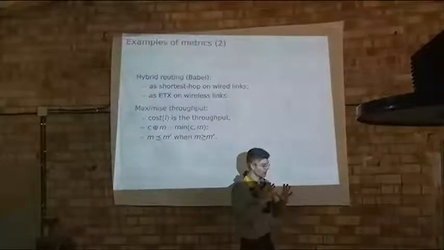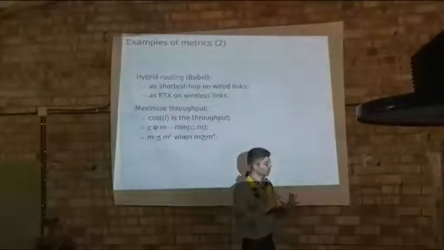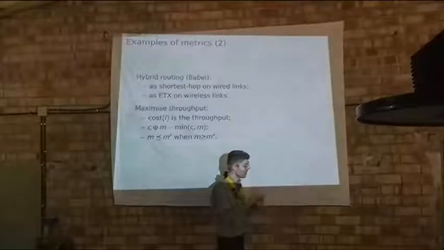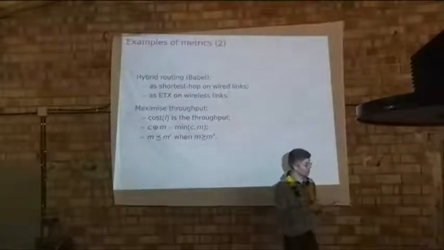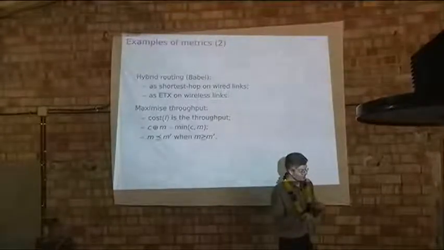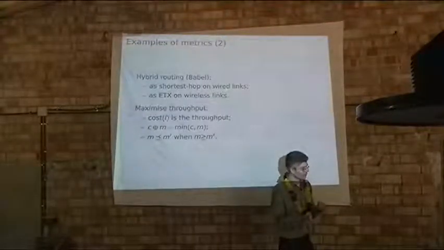Now, the job of the routing algorithm is to find the shortest path according to that metric. So in the easy case of the isotonic metric, the algorithm was successful. It was finding the smallest metric. Now in this case, we are getting a situation in which the routing algorithm is not doing its job.